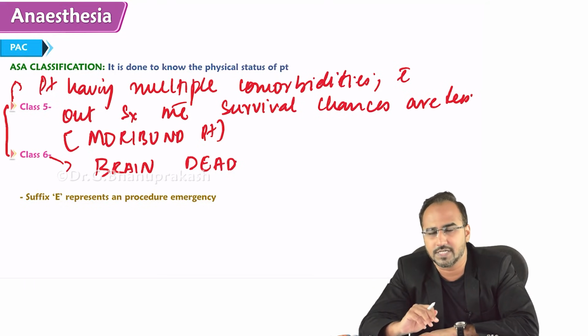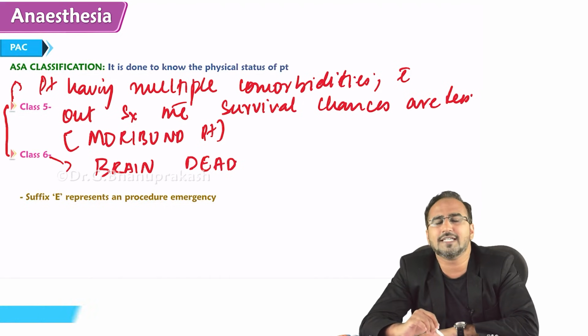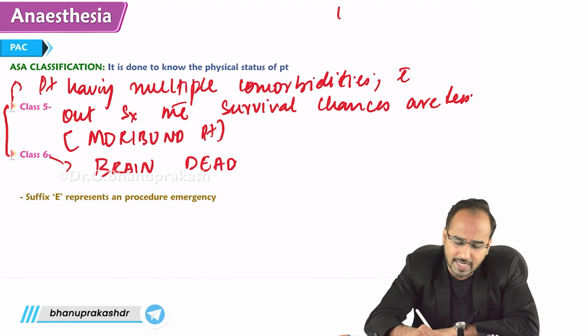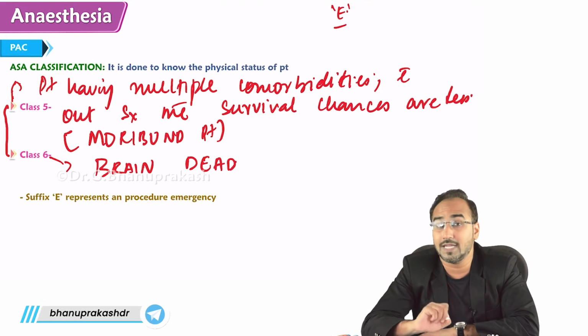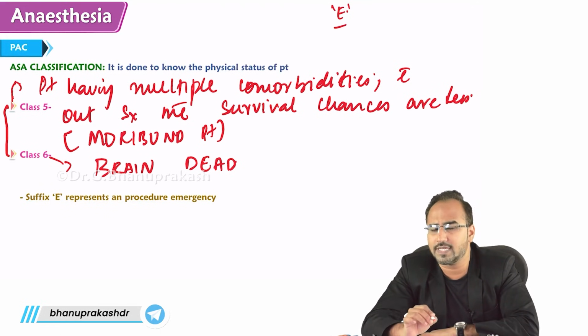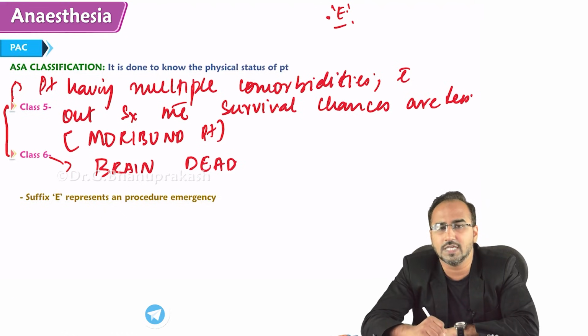Right? That is ASA certification. To all these ASA classes, you can add an alphabet E, depending, not in every case. Why do you add the suffix E?